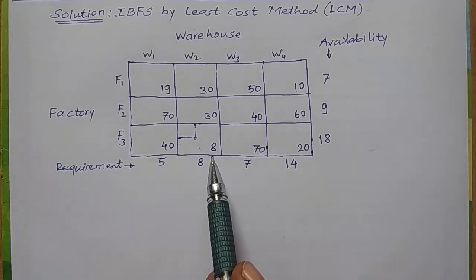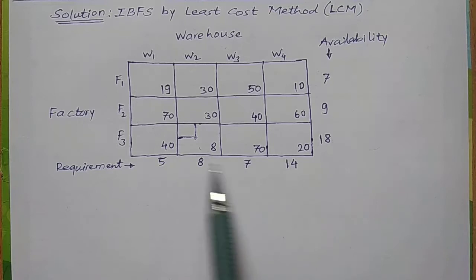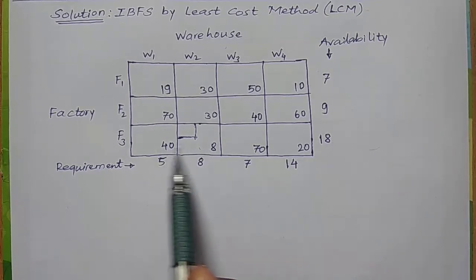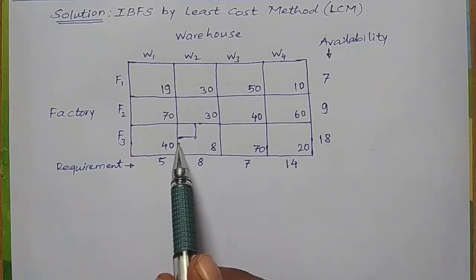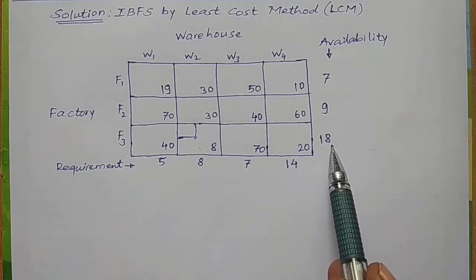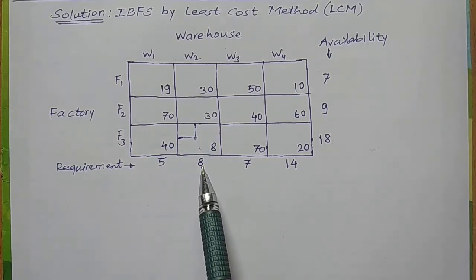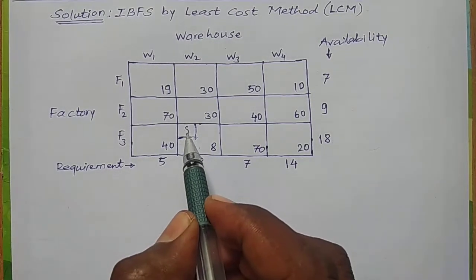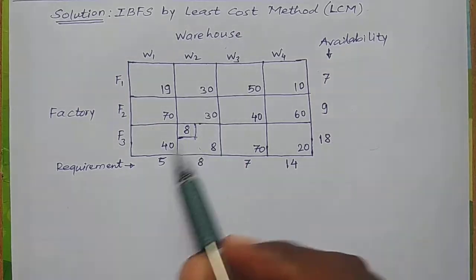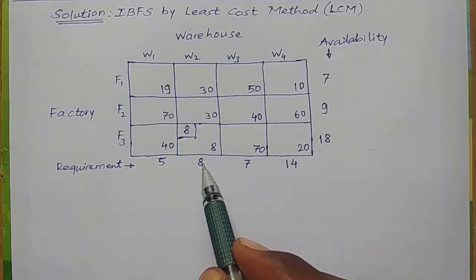So here if we look at the supply and demand, or you can say the availability and requirement for that particular cost, this cost is located in the row of factory F3. Their availability is 18 units, while for the warehouse the demand is 8. So the demand can be fulfilled here. We can allocate the quantity 8. So the demand of warehouse W2 is fulfilled now.